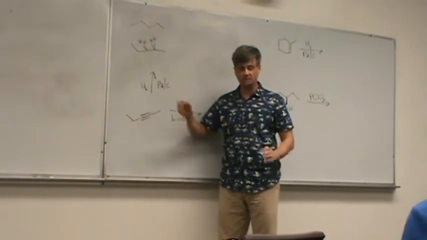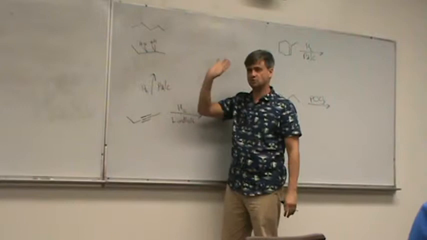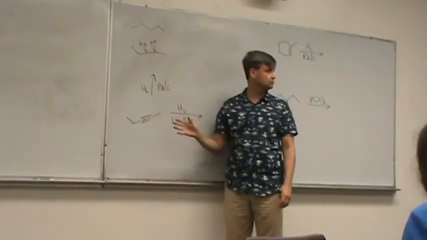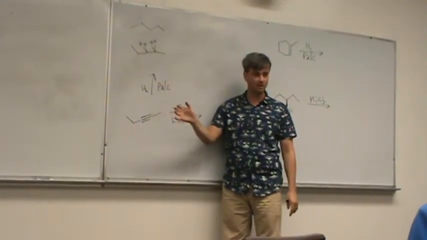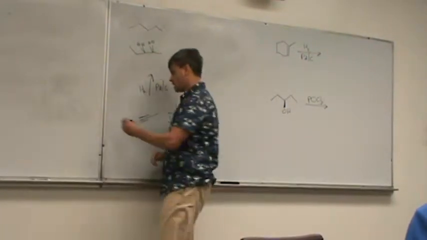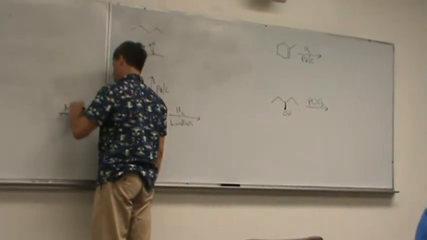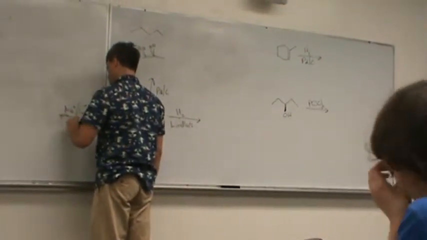If you just use palladium, it doesn't even stop at the alkene, it just goes all the way on to an alkane, totally hydrogenates. There are two reagents we have that take an alkyne and stop at the alkene. Okay, one is Lindlar's catalyst, and the other is either sodium metal or lithium metal in liquid ammonia.